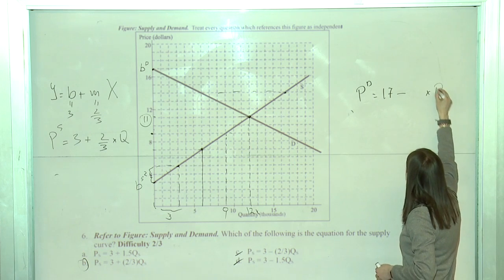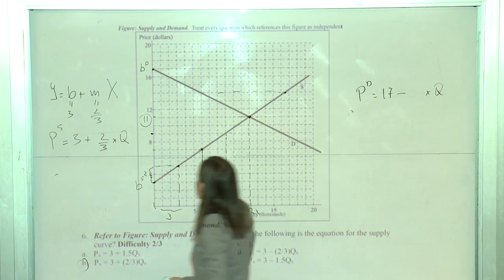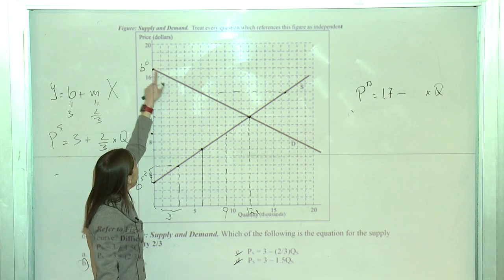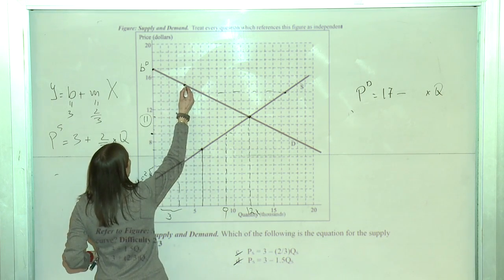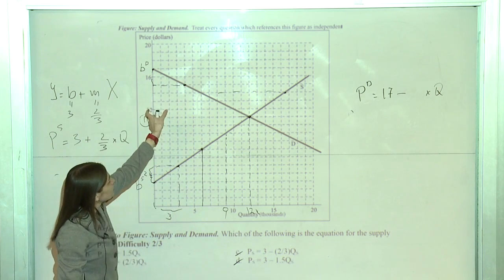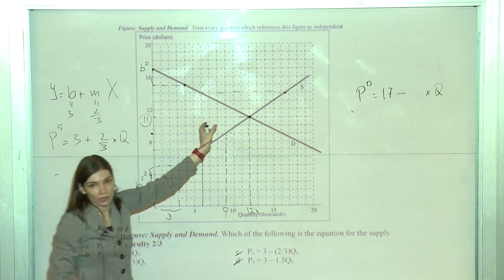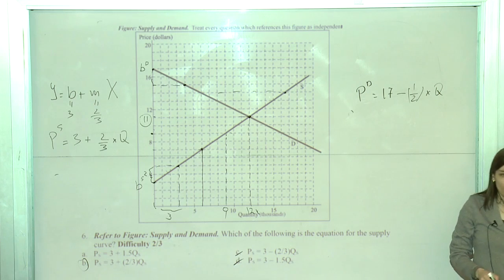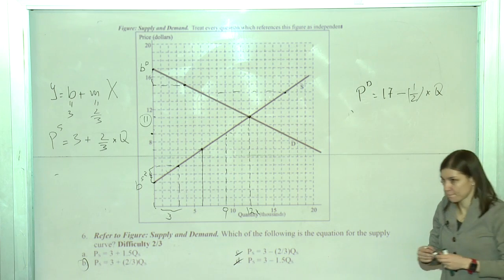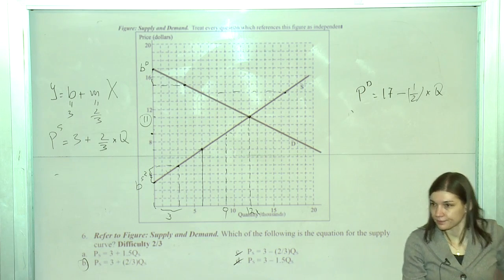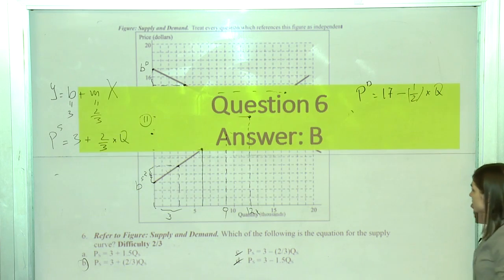And what's the slope? We can choose any 2 points again, like here and there. What's the rise over the run? So 1/2. In this case, it was B.